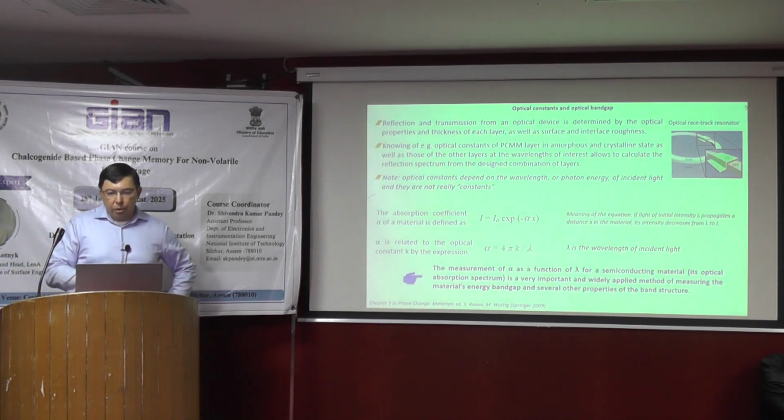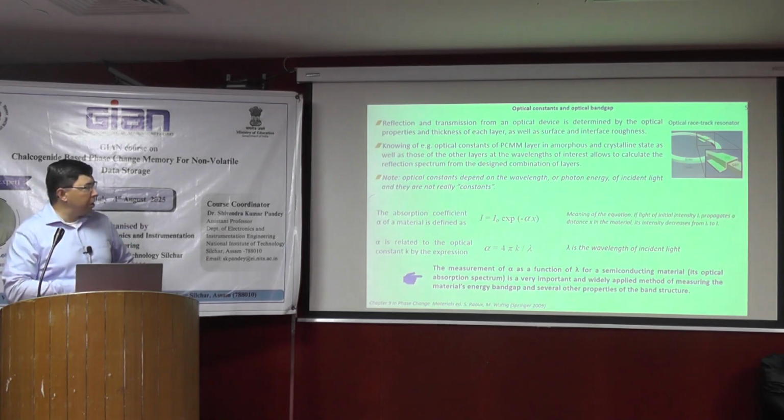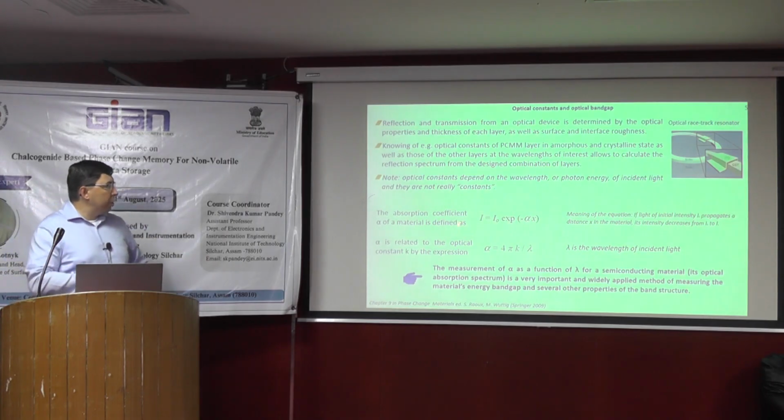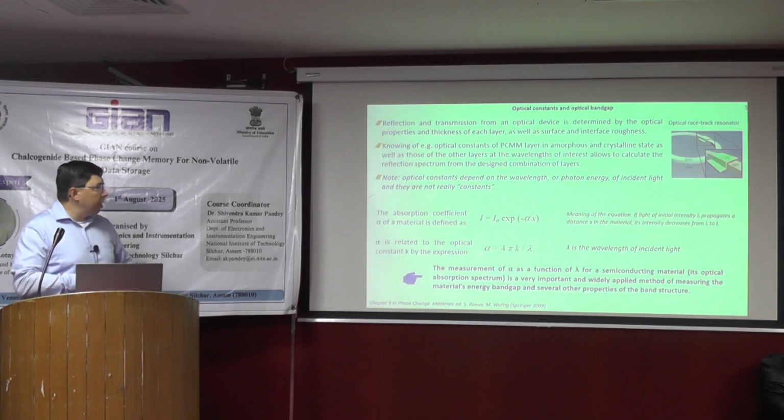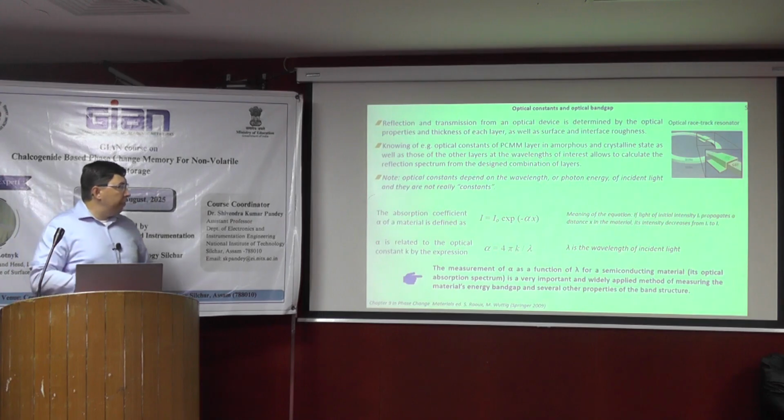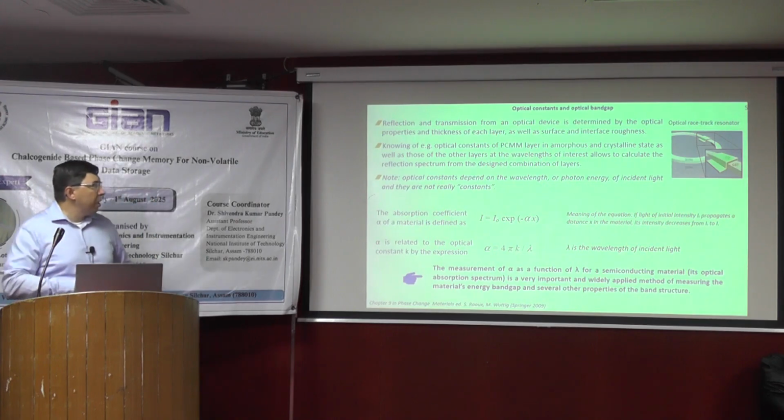So the extinction coefficient is related to the absorption coefficient by this equation: alpha equals 4 pi k divided by lambda, where lambda is the wavelength of the incident light.